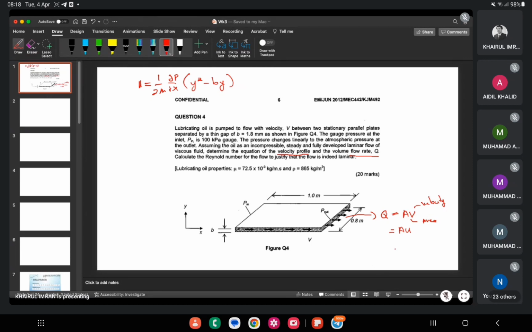So the area will become U, the change of area. So what we do is when we calculate, we need to analyze from 0 to the height, which is B.